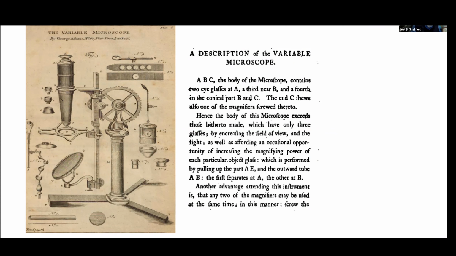The tubes here are separable, and you can slip different lenses in at different parts of the tube to get different levels of magnification. And there are a couple of additional lenses drawn down here. His illumination comes from a mirror, as you've seen for a number of others.